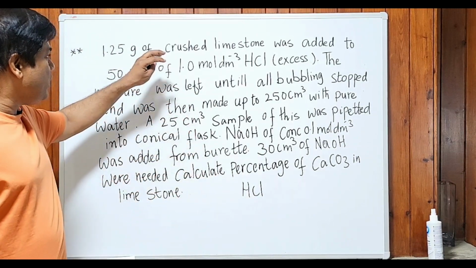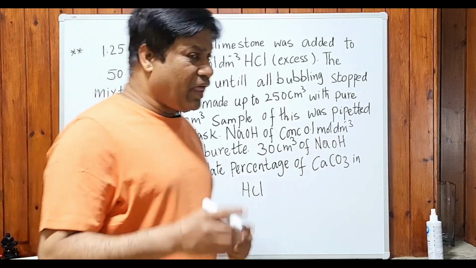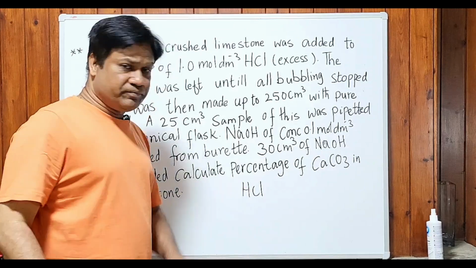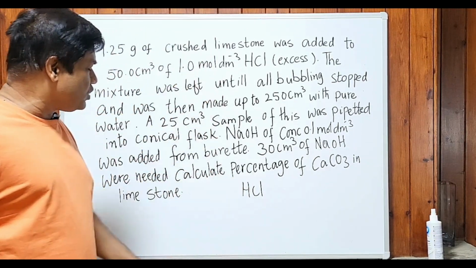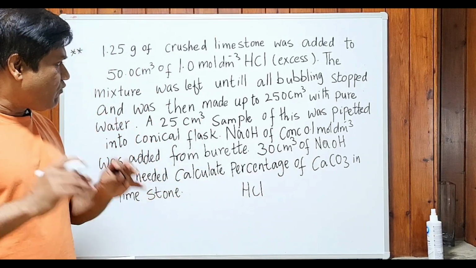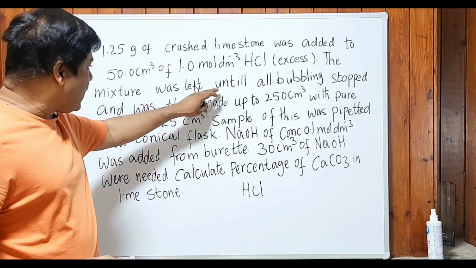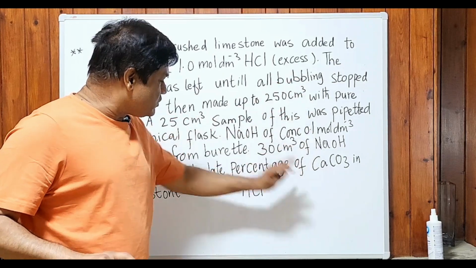First, we crush the limestone into small pieces, and that limestone we are going to react with HCl. When you add HCl to the crushed limestone, you will definitely get carbon dioxide gas. So after that, you have to wait. Look at the question: left until all the bubbling stops, bubbling of carbon dioxide.